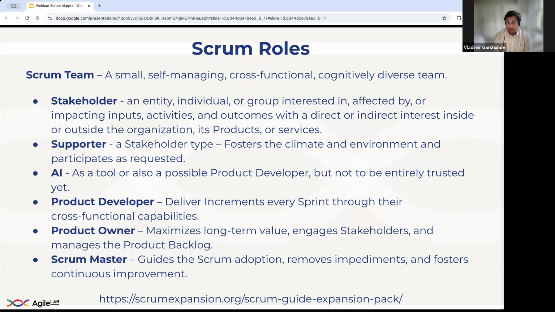It's also about AI, which can help and work on product backlog items. It needs to be supervised, but it has the same level of precedence as the other Scrum team members. This is a really interesting idea to unpack, and I will try to unpack it a little bit further. And again, for everyone who just joined, the chat is open, so feel free to drop any questions or comments into the chat.